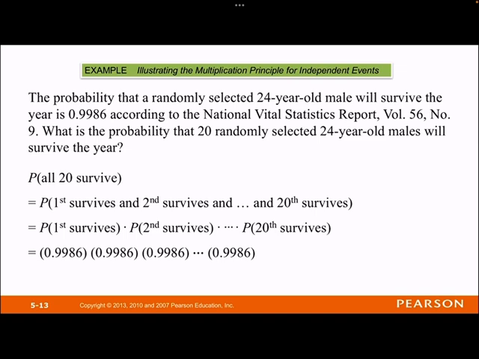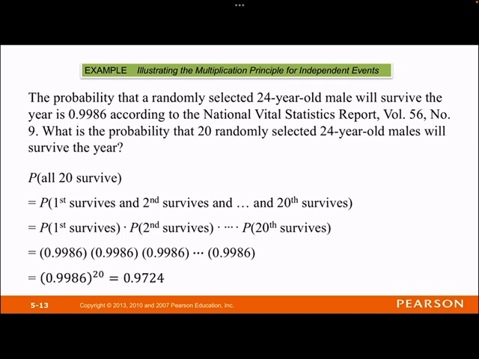So we're taking 0.9986 and multiplying it by itself 20 times. Now, I don't know about you, but I don't feel like sitting here and typing 0.9986 times 0.9986 20 different times into the calculator. So instead of multiplying it out 20 times, we can use exponents.